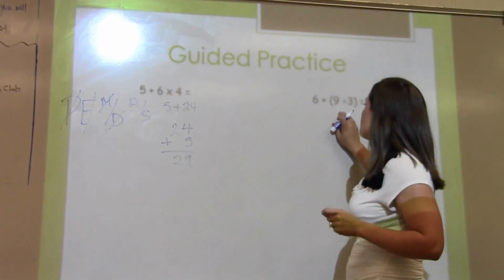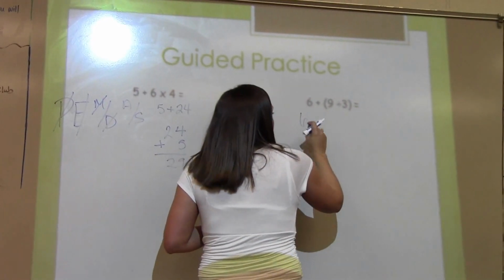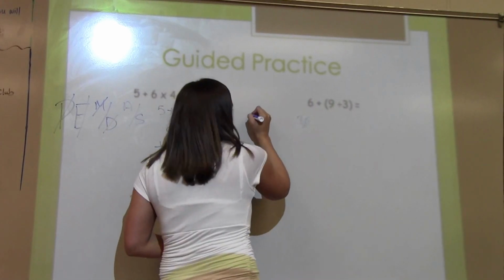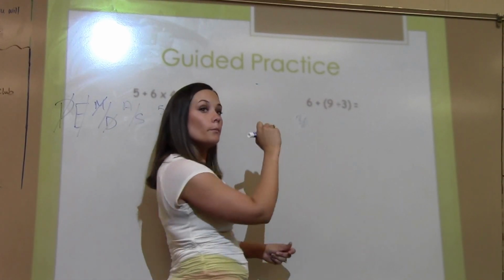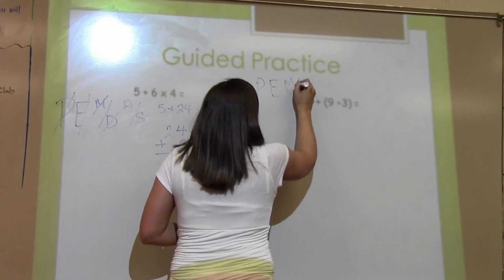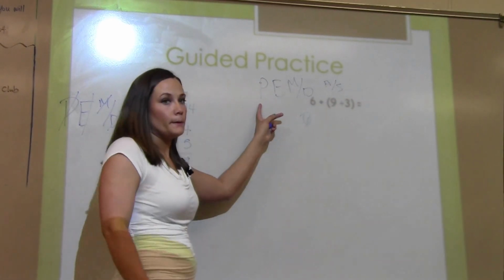All right, let's try this one before I set you loose to see if you know. If we've got this problem right here, what do we need to write first? Our formula. Very good. Are there any parentheses?